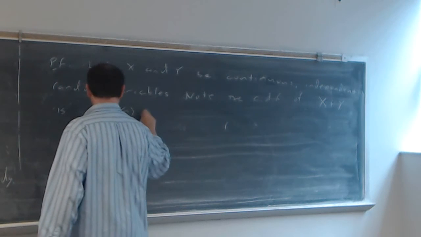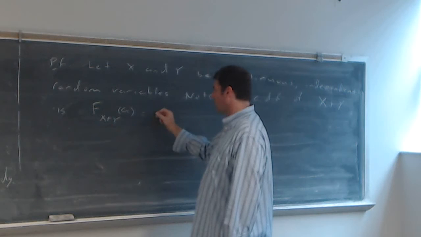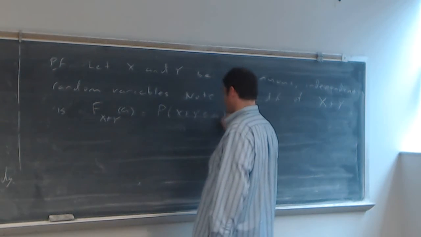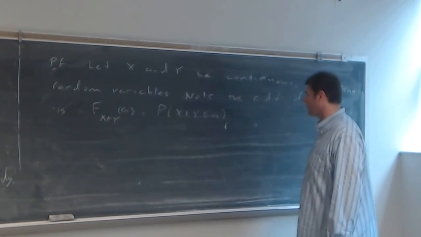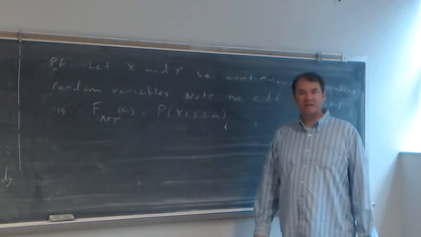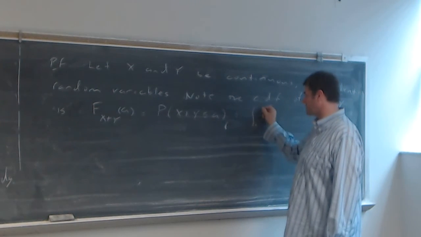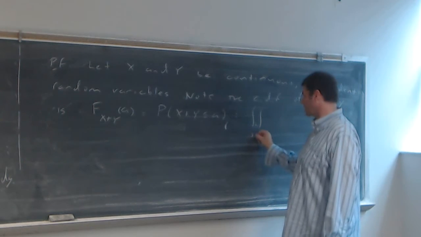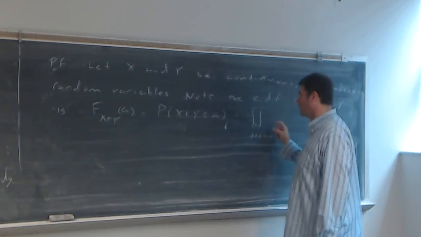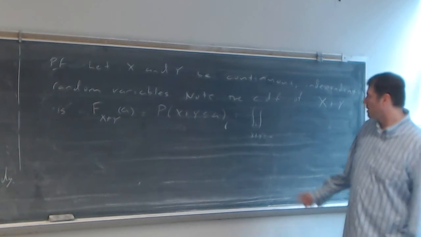That's why I can rewrite it. So the function of a. And here, this is the probability that x plus y is less than or equal to a. Now we're talking about x plus y being less than a number. So it's got two random variables in it. So I think of it as a double integral where x plus y, so this is my set, is less than or equal to a, of what?